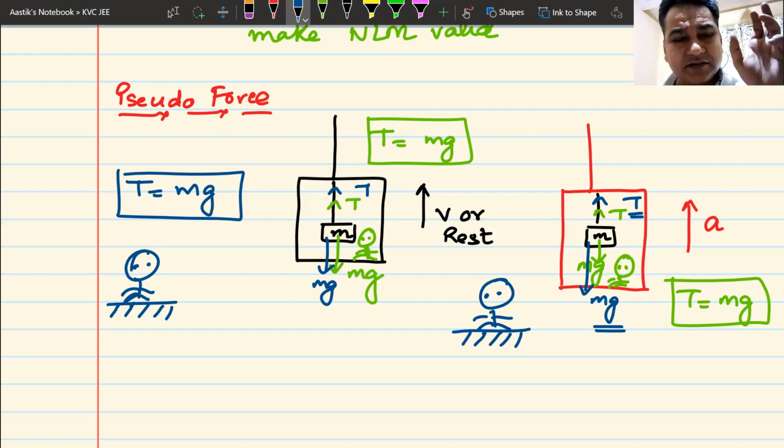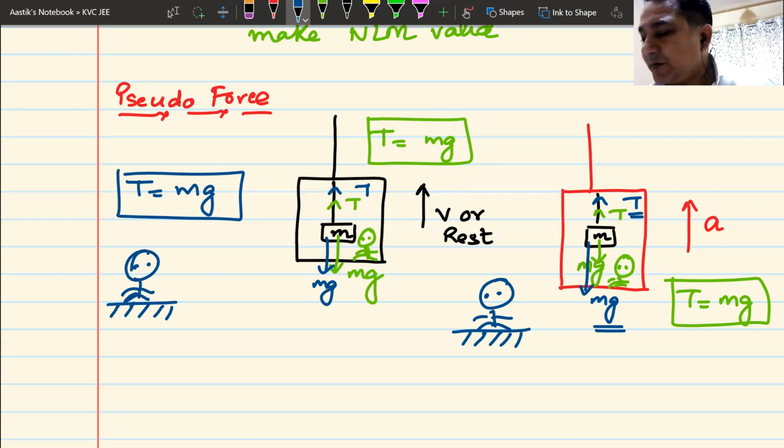If the body has mass, it will be pulled towards earth, it will have weight. It is hanging by a string. The string will exert a force on it. It's a real force. I can't hide it. You go to any reference frame, real forces will always remain real. They will not disappear. Sir, I go to some reference frame, I will find some force disappearing. No, real forces don't disappear.